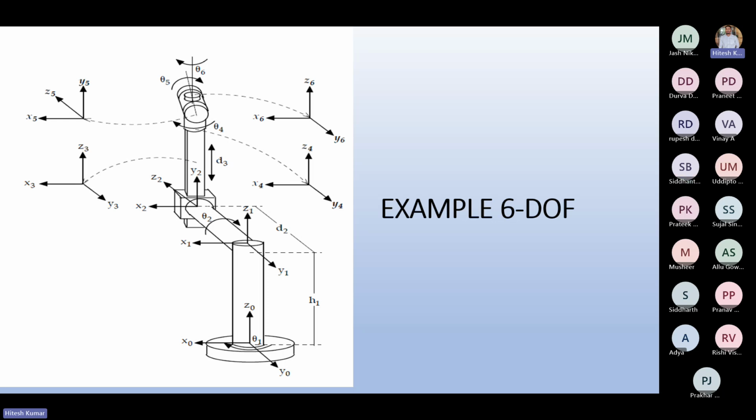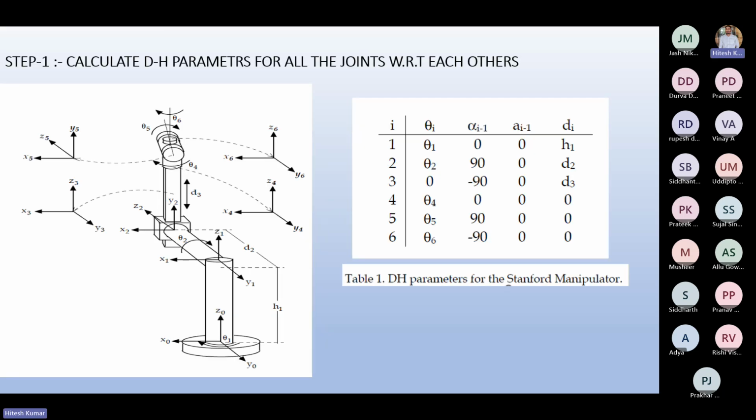Understand it like this. We have 6 degrees of freedom, so we'll have 6 joints in this. According to that, they have taken the values of the thetas. The alpha values are not given here, so those will be taken as 0 only. Now let's come to the alpha values: 90, 90.